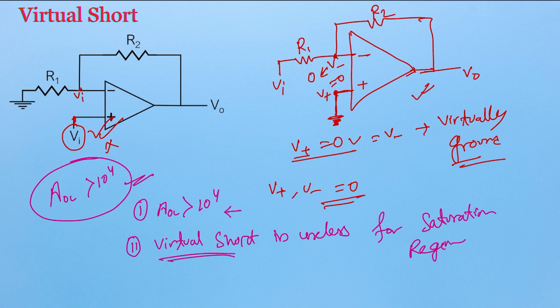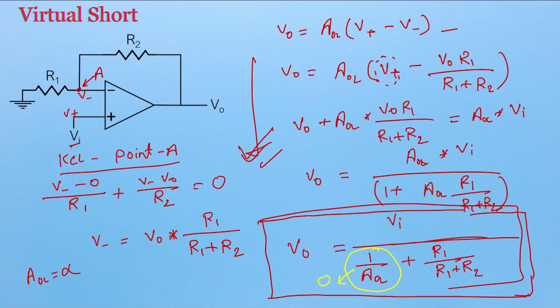Why? The gain is not that much. Maybe in my next video I will do some problems where you can see V positive is not equal to V negative. Why? At that time that op amp will work in saturation mode. So this is all about the virtual ground and the virtual short.